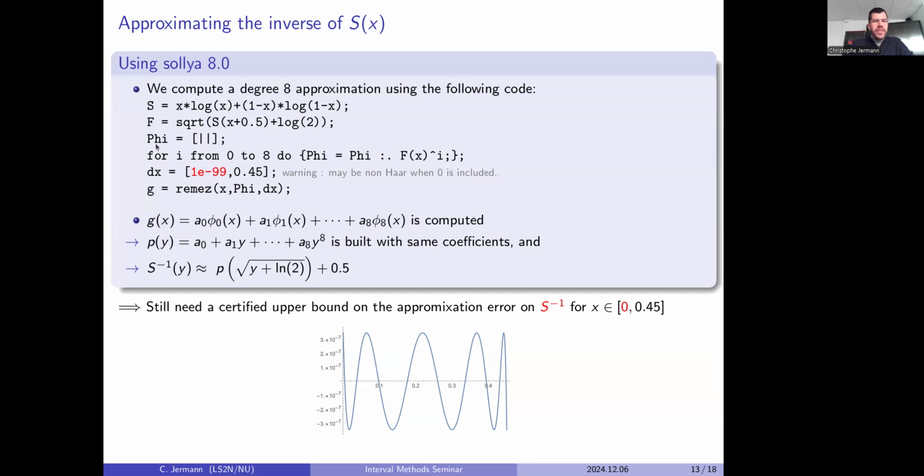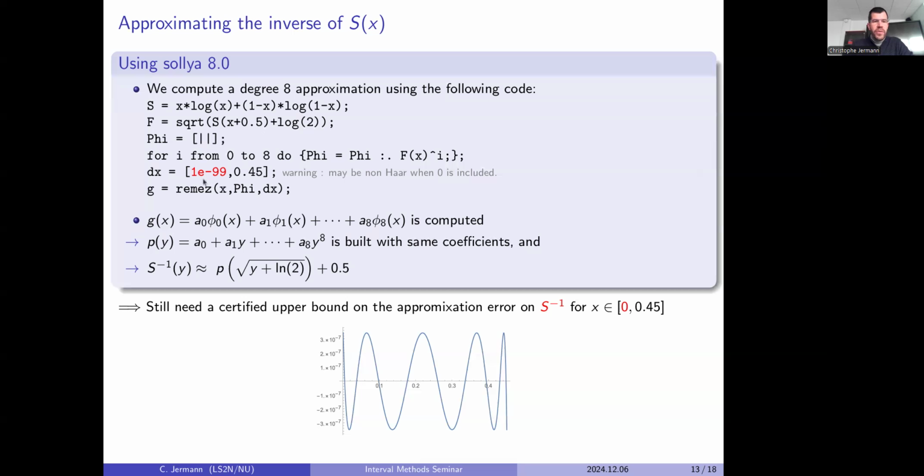Then we build this family of functions phi, which are just the powers from 0 to 8 of the function f. And we apply the Remez exchange algorithm to compute the approximation of x using the family phi on a given domain dx.